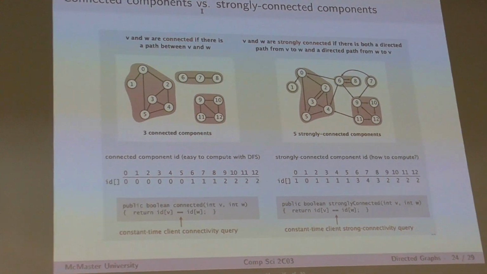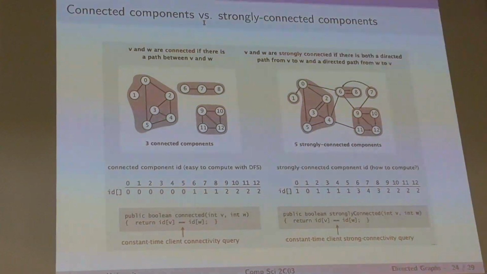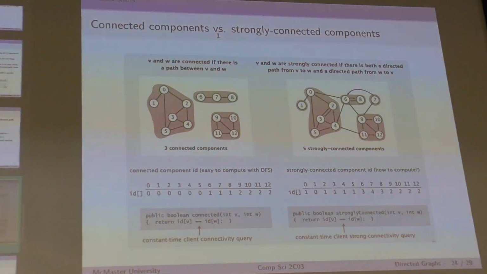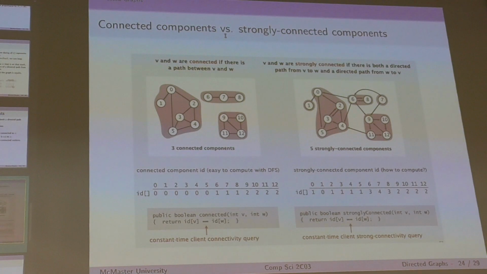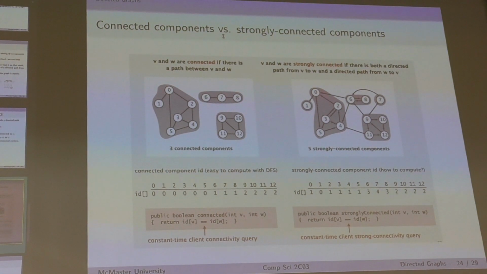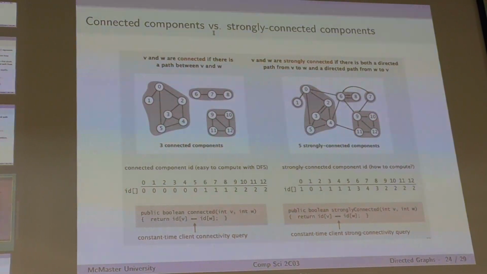In order for it to be a connected component, every node has to be connected to every other node. If it's strongly connected, then you also have to be able to loop around inside there. Make sense?